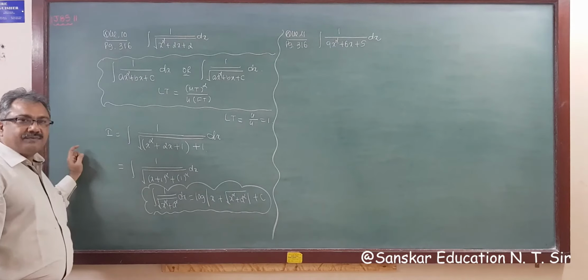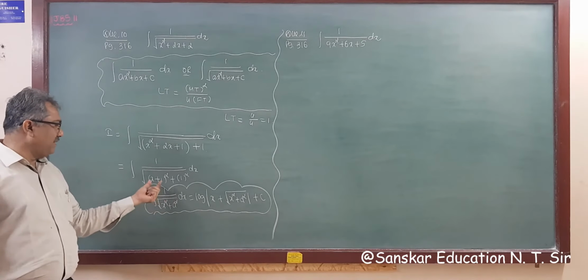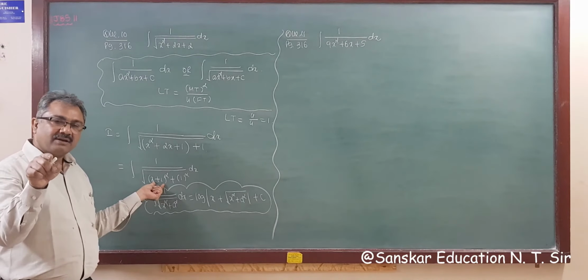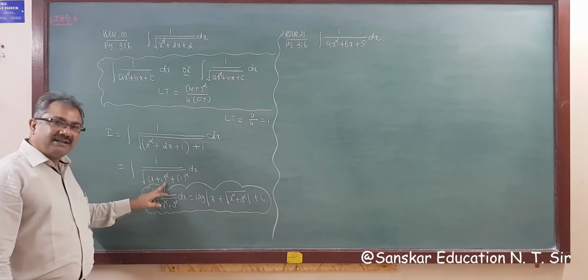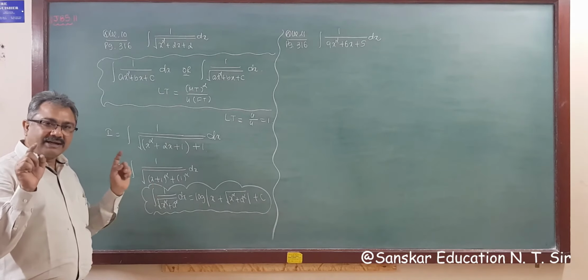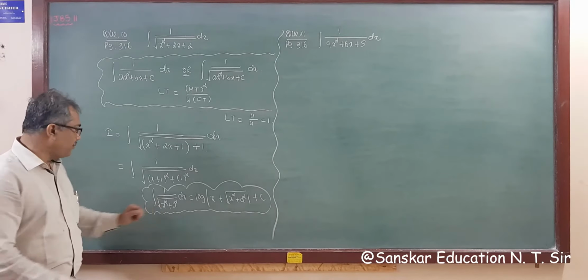This is your answer. So applying this formula, this is your x. Instead of x, here it is x plus 1. But x plus 1 is linear and the coefficient of x is 1, so no need to worry. You can write directly using this formula.